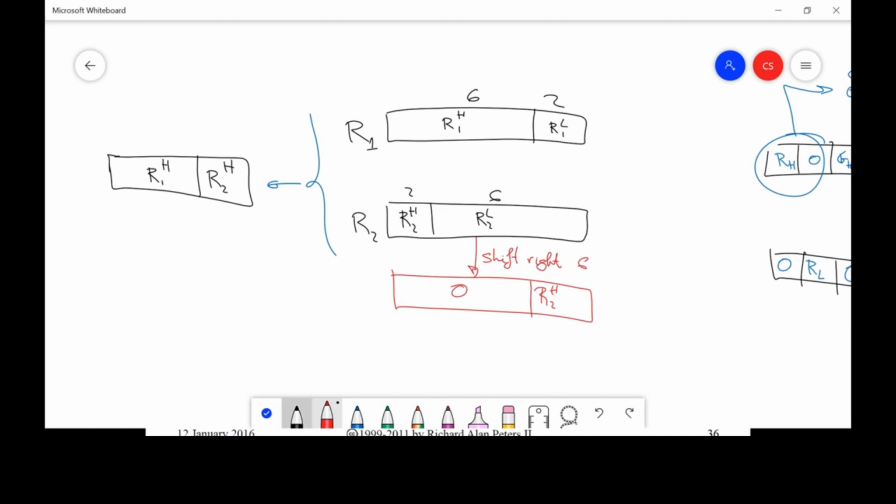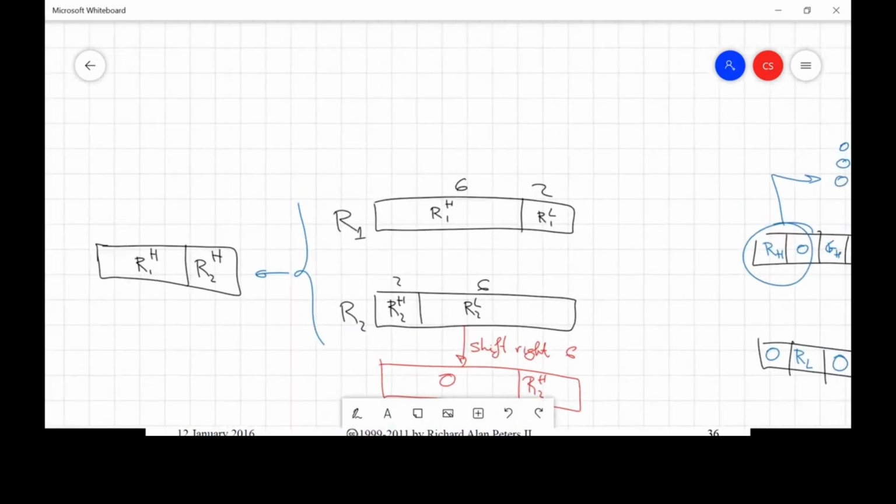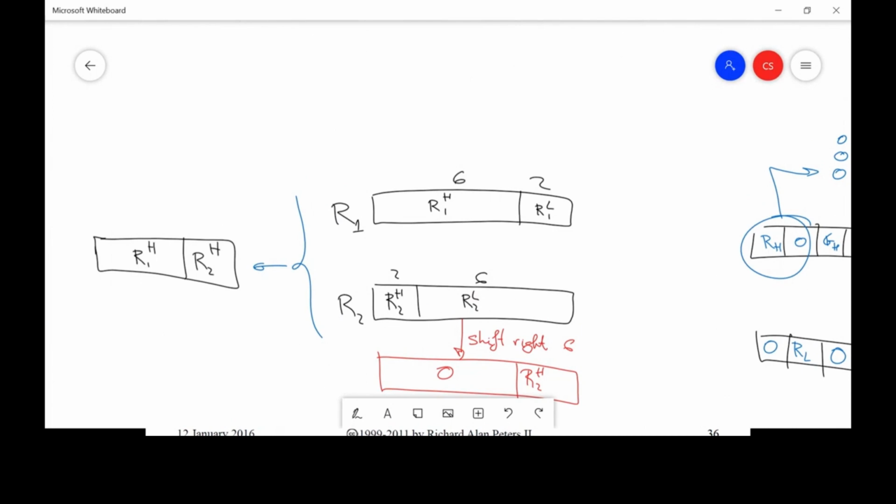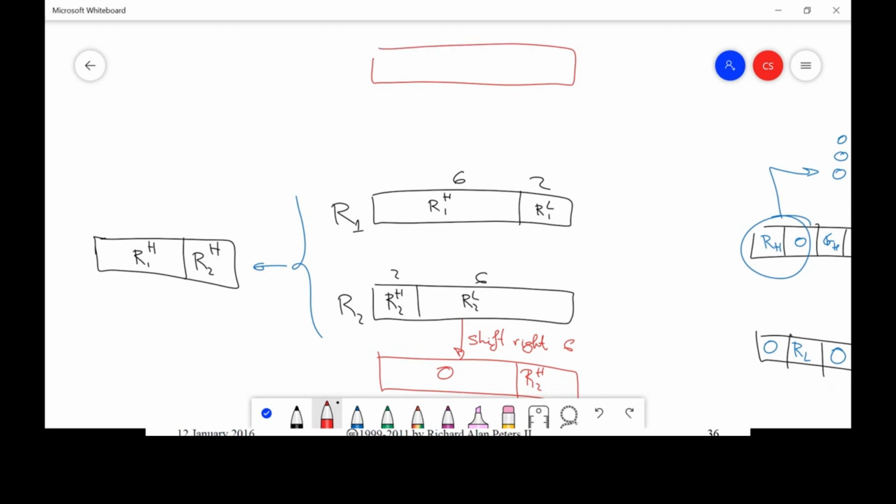Okay, and then I want an operation that takes these 6 bits and removes these 2. So what is that operation? I want something that at the end will produce this one. So we have 0, 0, and here we have R1 high. So that is not a single operation, I need 2 operations for that. But it is very easy.